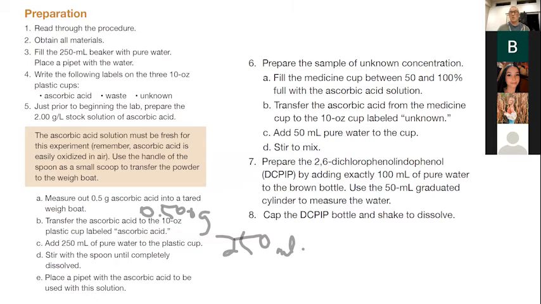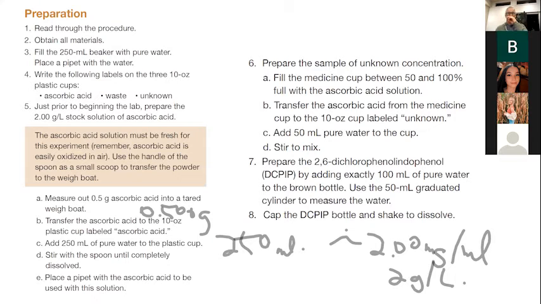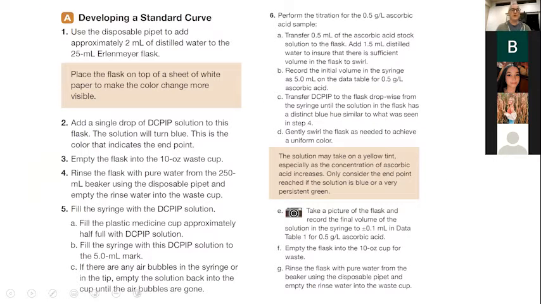Because that's a quarter of a liter, that will give you around 2 mgs per mil, or 2 grams per liter. And then that's going to be a stock solution of vitamin C, okay? Then we're going to develop a standard curve.